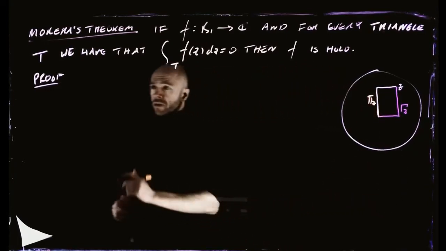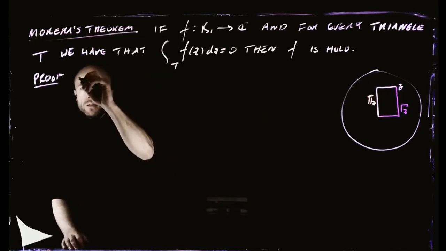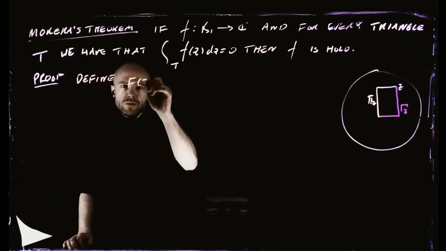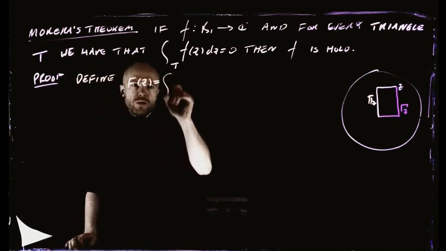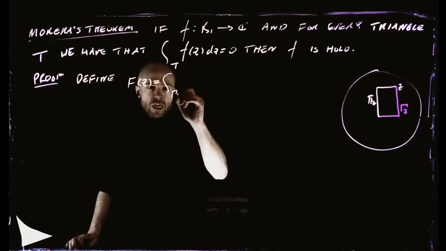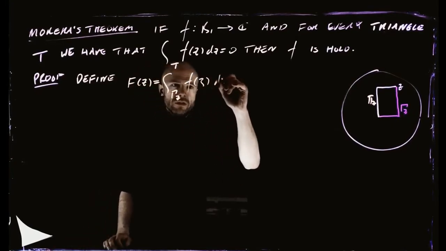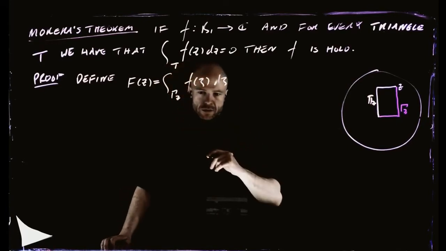So proof. Define this function F of z to be the integral over gamma of z of little f of zeta d zeta, like this.